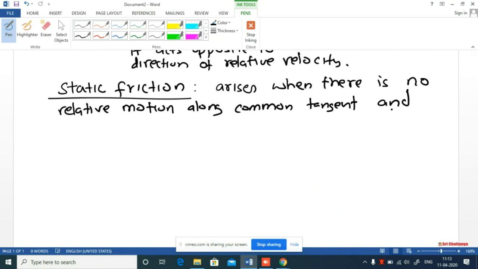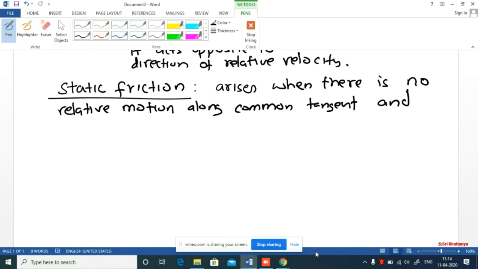If v relative is non-zero, no matter what the other conditions are, friction will be kinetic. And if v relative is zero, only then can friction be static. I'm not saying friction will definitely come, I'm saying friction may be static now. It just can't be static if v relative was non-zero. Okay, so we'll come to the other condition.